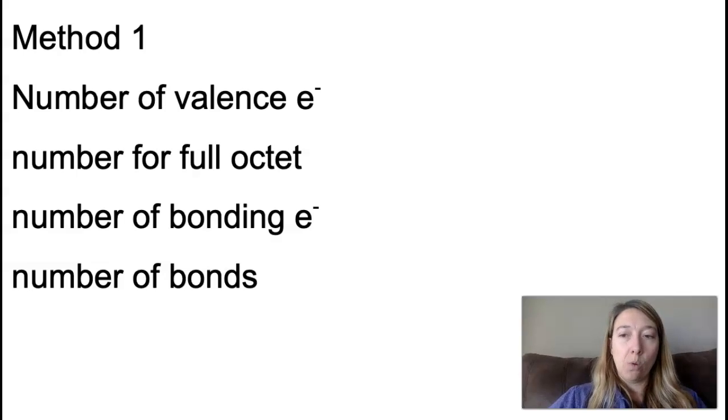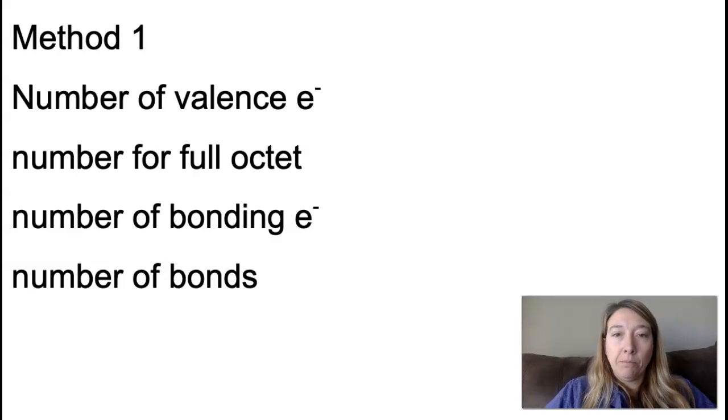This one is more of what I call a math way, and because most of you in chemistry are good at math, this tends to be the way you pick. But some people choose method number 2, which I would call a visual manipulation type method. They both get you to the exact same picture at the end. They just go about it in a different way.